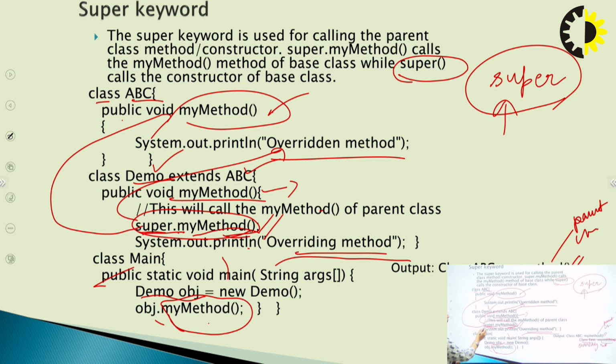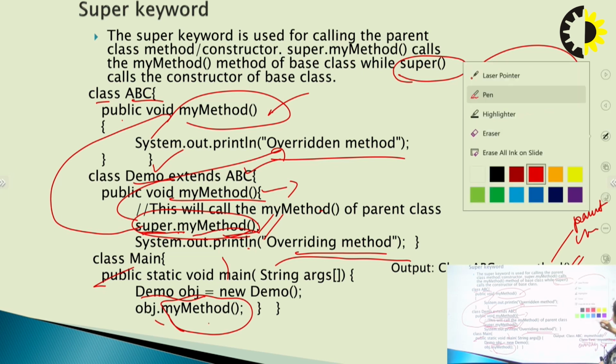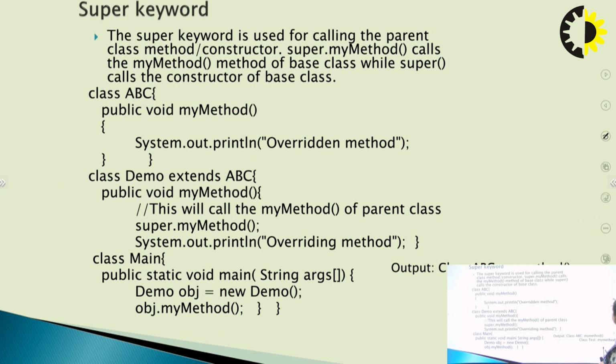So by using the super keyword, we make sure that the parent class common method is also executed along with our child class similarly named method.